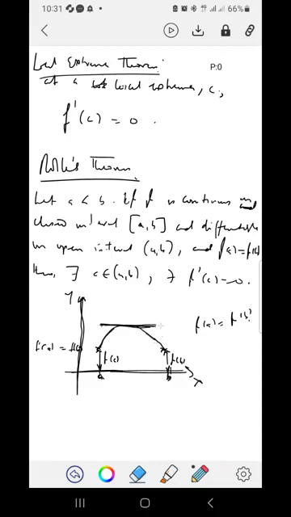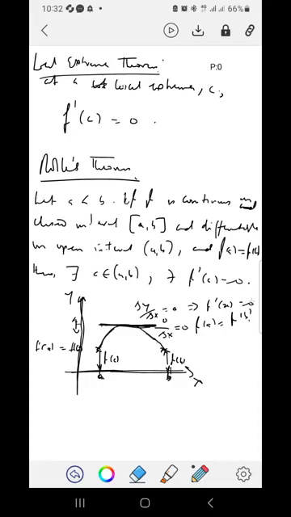At this point you can take change in x, but change in y is zero because it's flat. So change in y over change in x is zero, which implies that f prime at that point is equal to zero. That's what Rolle's theorem is talking about.